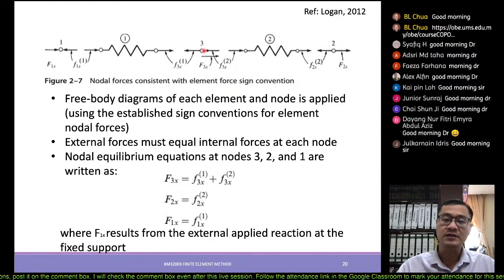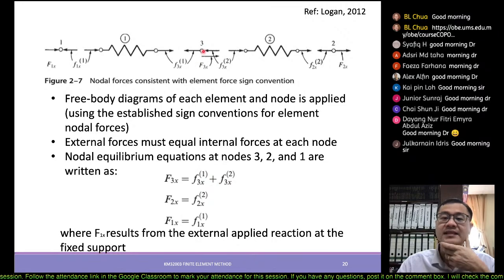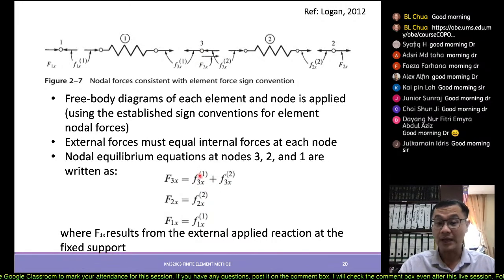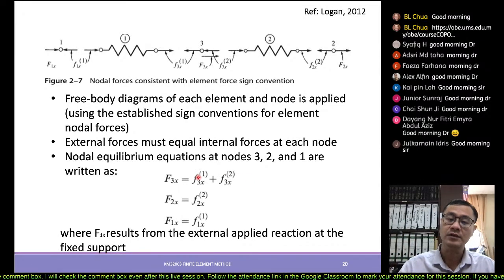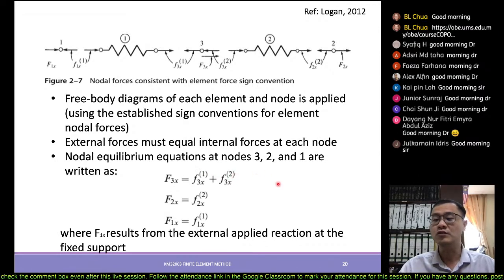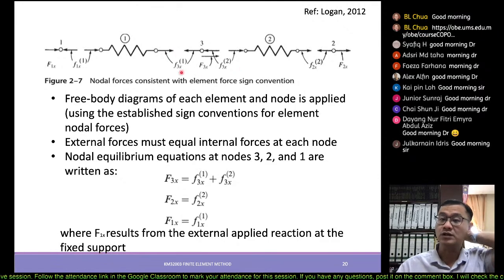We know that the summation of these forces must equal all the internal forces acting at node number 3, F3 due to element number 1 and element number 2. That's why we put a bracket to denote where these contributions come from. They come from number 1 and number 2, so that we will not miss out which one is which.